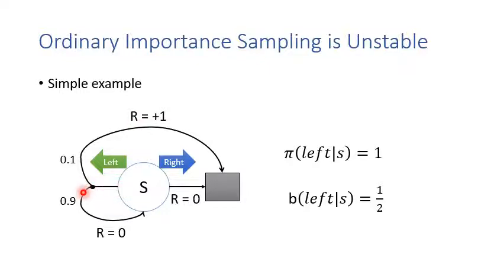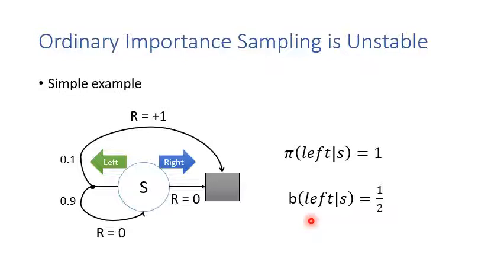Otherwise, with 0.9 probability you go back to the state and start again. Suppose now we have two policies. The optimal policy should always go left, because going right has no reward at all. And our current behavior policy is a random policy that goes left 0.5 of the time, or goes right equally.